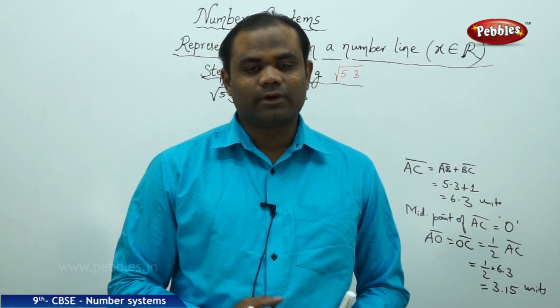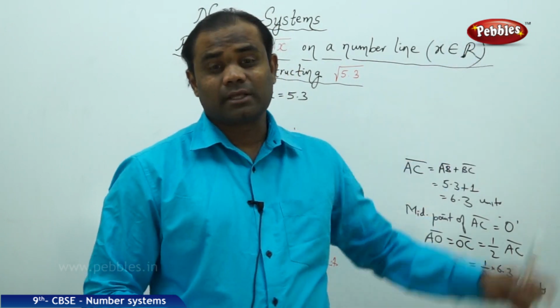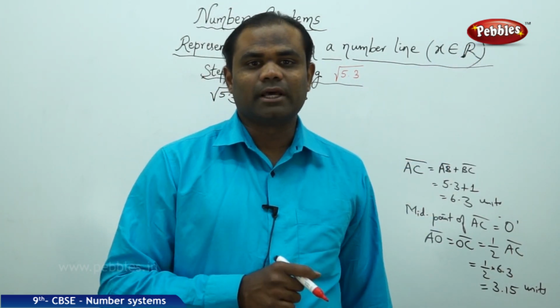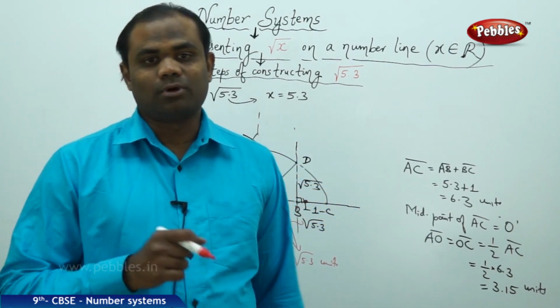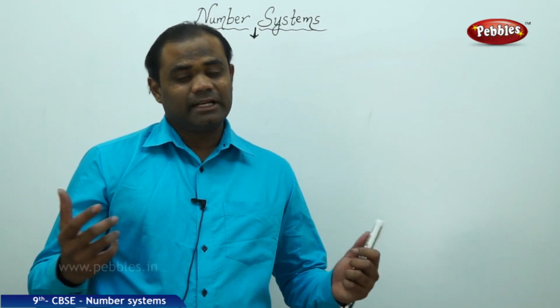So root x for x belonging to R plus can be represented on a number line using the semicircle geometrical concept properties. Now next, let's see how to rationalize the part of irrational numbers.